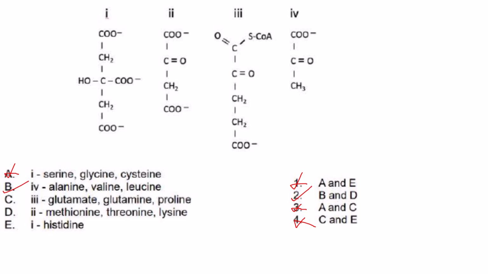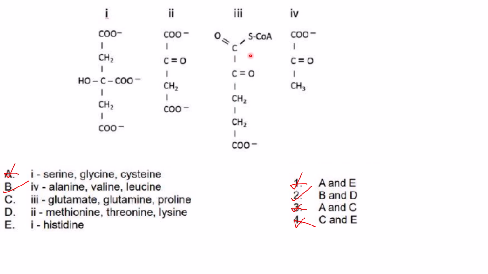Okay, I will tell you the others also. Then the third one, this one. They are saying it is involved in glutamate, glutamine, proline. But actually this is not the one which is involved. We have not encountered a CoA molecule attached to a carbon skeleton which is involved in the biosynthesis of amino acids.